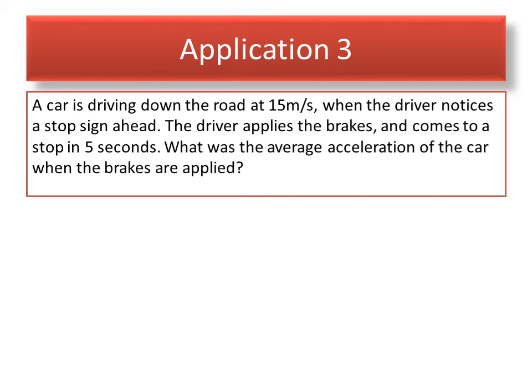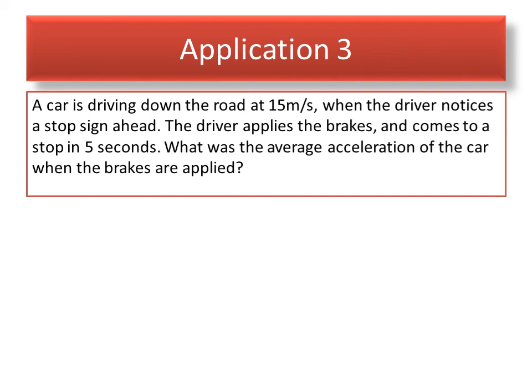What do we mean by stop here? What is the velocity when he stops? It is 0 meters per second. So he started at 15 meters per second, and the final velocity was 0 meters per second. In 5 seconds, he could bring the car to a total stop.